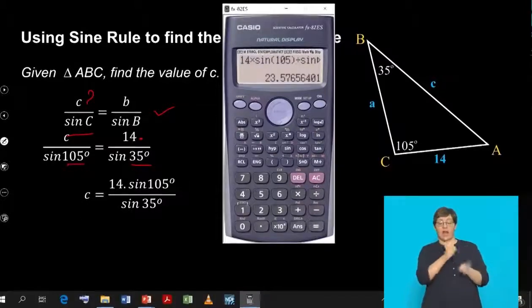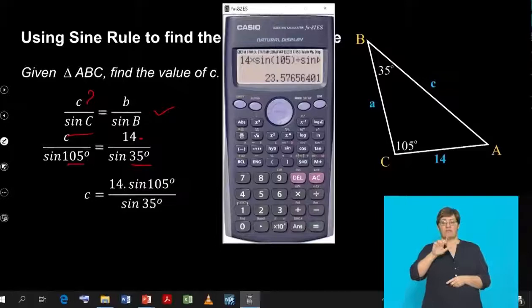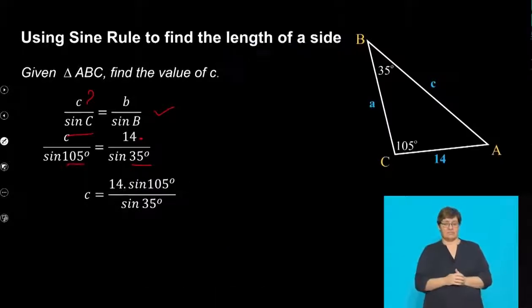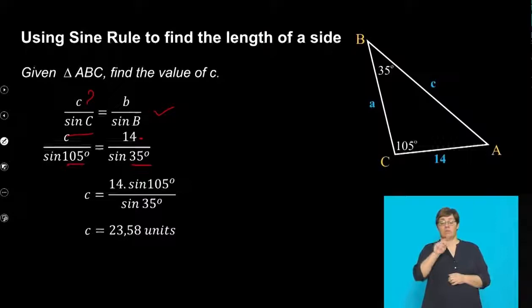And our answer is 23,57. But we want to round off our answer. So, if we're rounding off, we're going to end up with 23,58. And so, our value for c is 23,58.